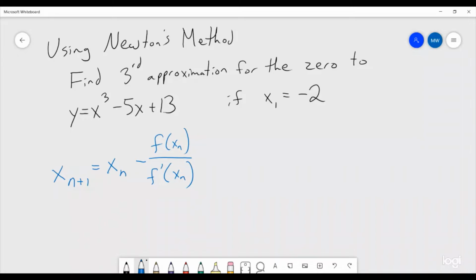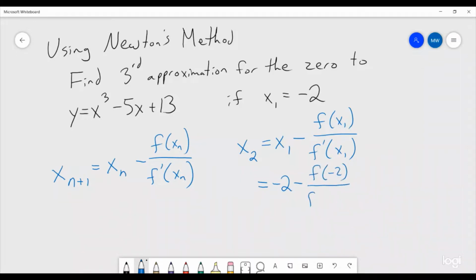But that's our formula, so let's go through and just do this to find our next one. So our next one is going to be x2. Well, that's going to be equal to x1 minus f of x1 divided by f prime of x1. So that's going to be equal to -2 minus f of -2 divided by f prime of -2.